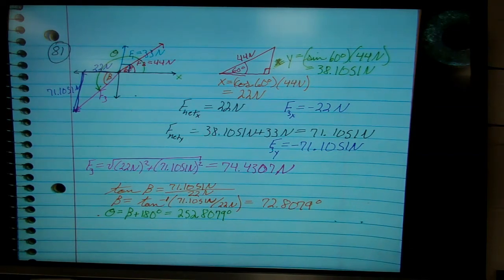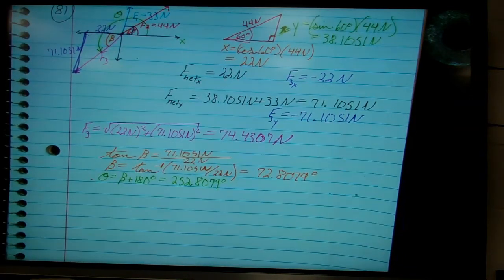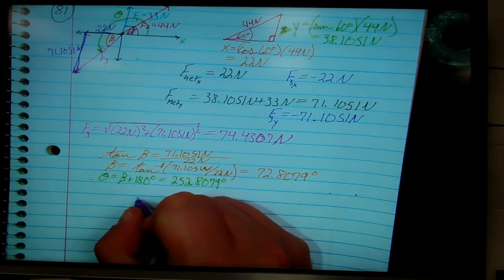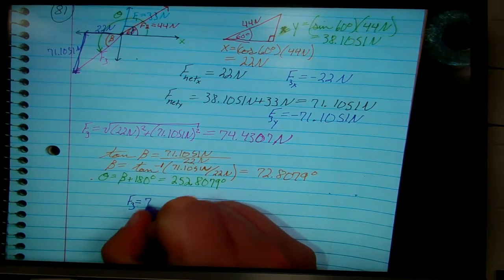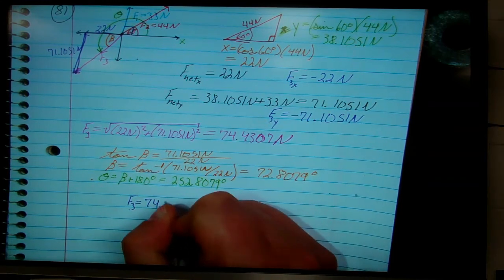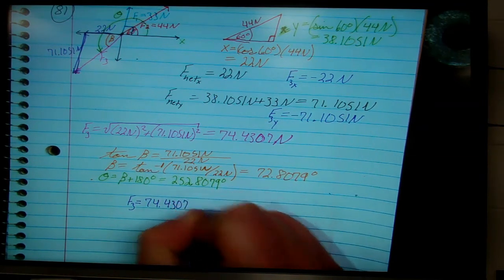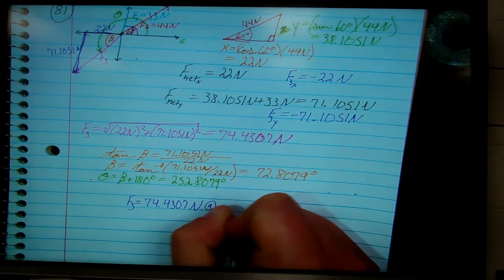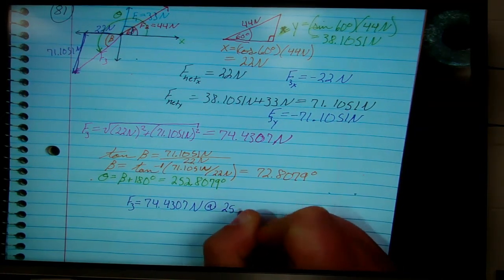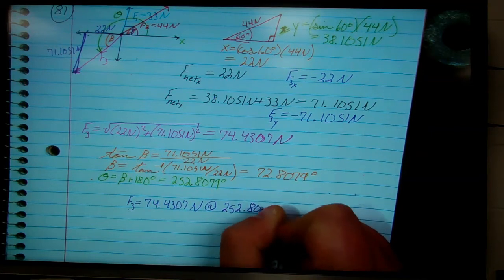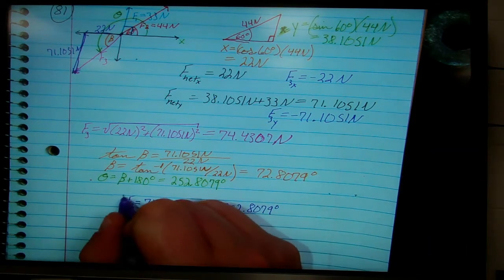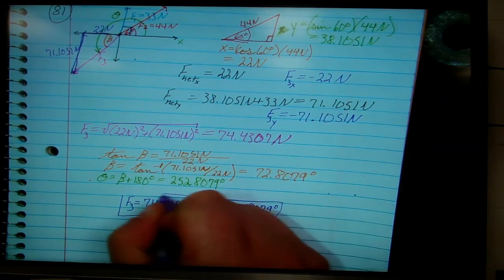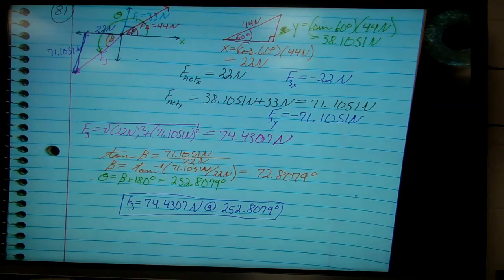So our grand answer from this problem is force 3 is equal to 74.4307 newtons at 252.8079 degrees. Yes, sir. And there's your answer. Good job, Mr. Hall. You did really good.